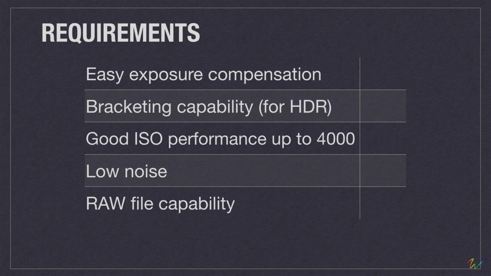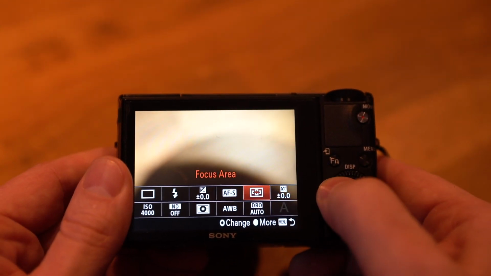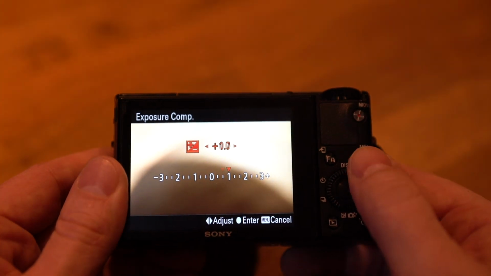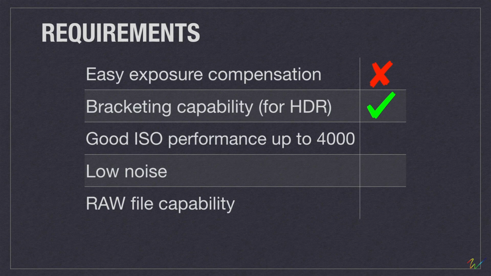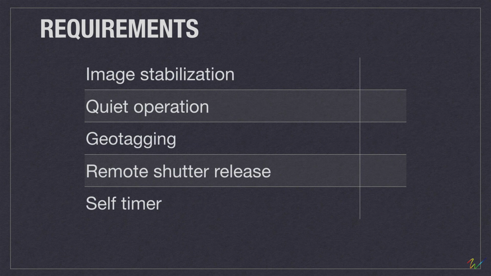Now, exposure compensation. It's definitely a minor usability issue, but it's not easy access. It has bracketing capabilities, and the ISO performance on that 1-inch sensor is nothing short of astounding. The low noise performance is good, and since it's a high-end camera, there is RAW file capability. There's optical image stabilization.